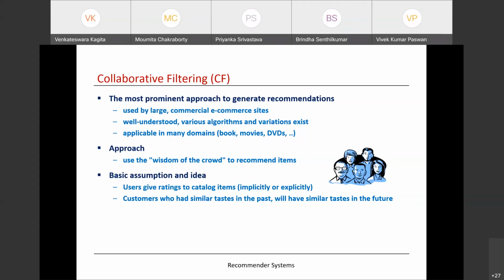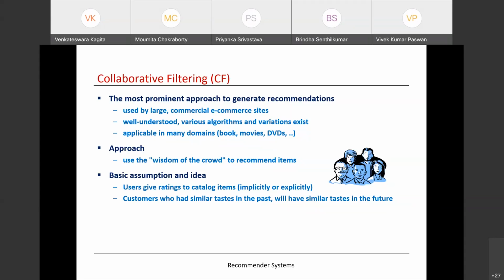What is implicit rating? You may not be explicitly saying that you liked it or you didn't like it, but it infers from your actions. Like for example, if you skip a video in YouTube, okay, it means that you might not have liked it. Okay, if you're watching it till the end, it means that you liked it. Okay, so it is inferring from your actions. That is implicit feedback that you are giving to the system.